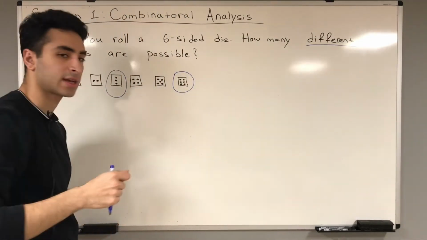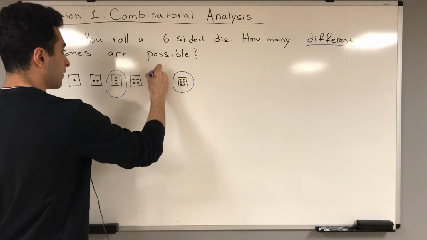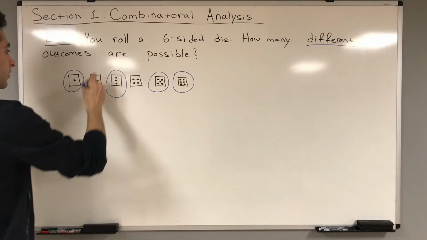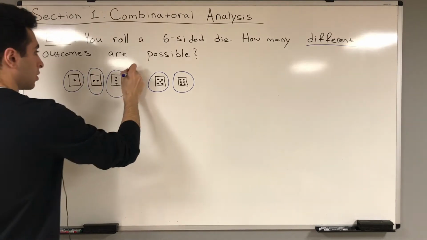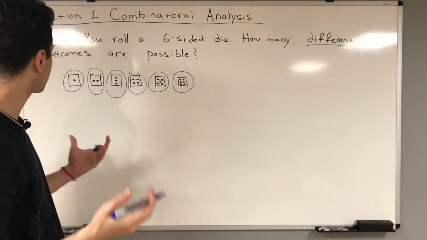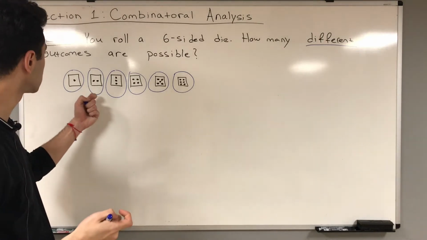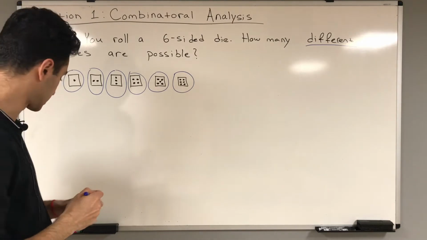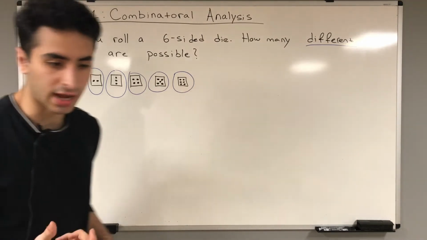Okay, so let's say I roll it again, and then I get a 5, and then a 1, and then a 2, and then a 4. So how many different outcomes are possible? 1, 2, 3, 4, 5, 6. Oh, 6 outcomes. That's what an outcome is.